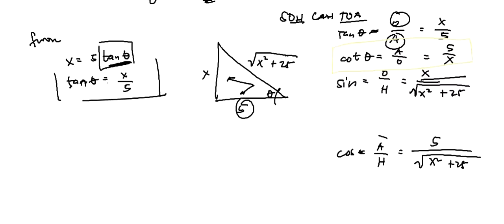As well as for our sine, so 1 over sine is the cosecant. So we need to flip this. We need h all over o, which is equal to the square root of x squared plus 25 all over x, right?